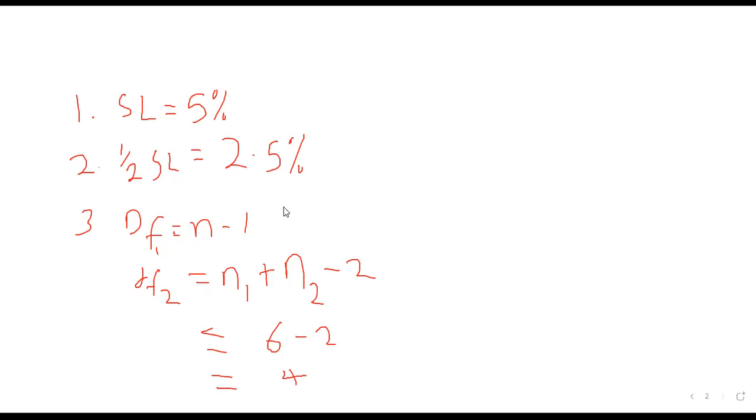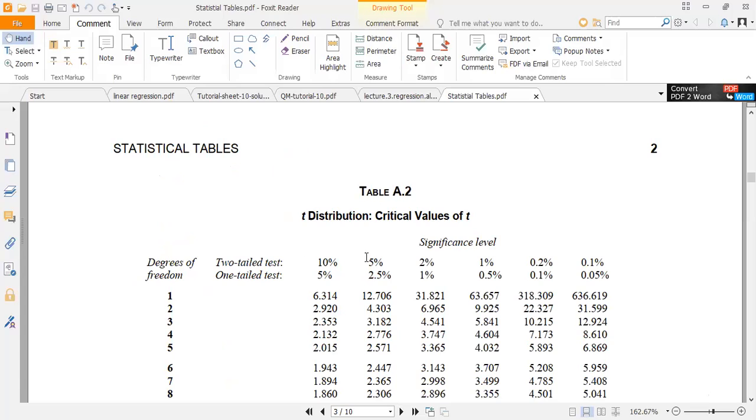So we're going to check under 5, 2.5, under 4. What is the reading? 2.776.